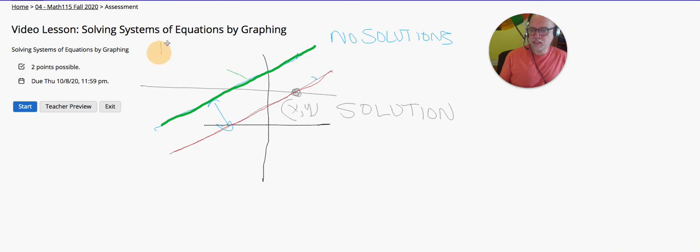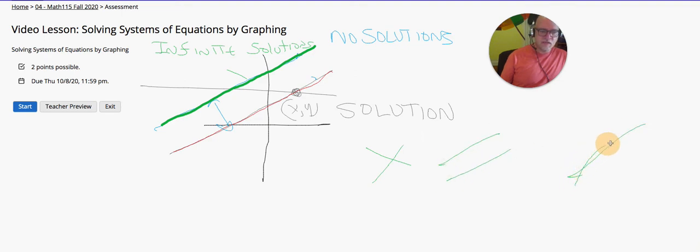We would say that it has infinite solutions, because every x and every y is common to both equations. They're basically equation mapping onto itself is what's happening here. So once again, you've got one solution, you've got no solutions, or you've got infinite solutions. Those are your 3 possibilities, so keep that in mind.